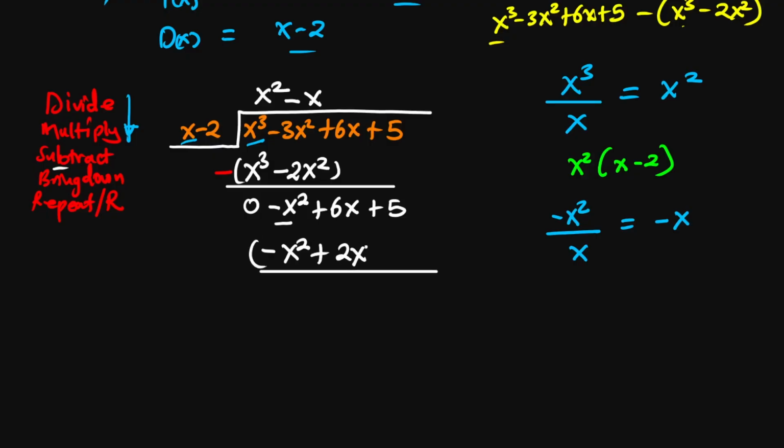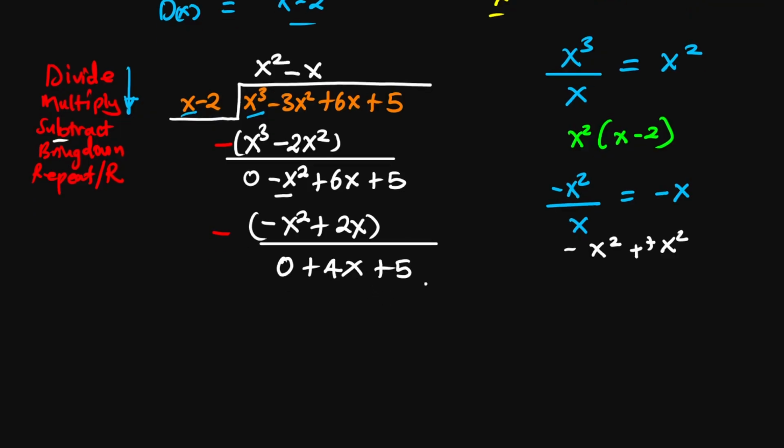We then proceed to subtraction: this minus the whole of this. Negative x squared minus negative x squared becomes a positive and they cancel out, so we remain with 0. 6x minus 2x gives plus 4x, and 5 minus nothing, because we don't have any constant here, gives plus 5.